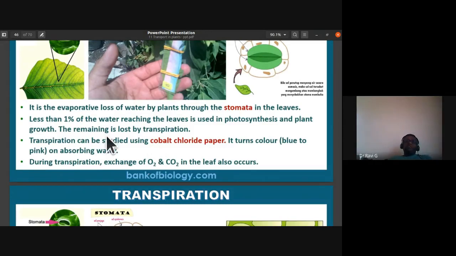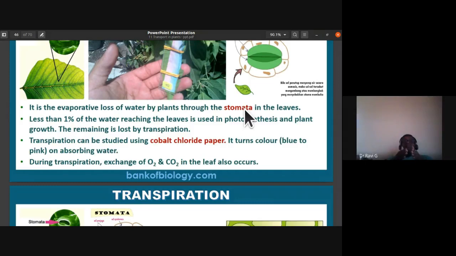See, what is transpiration? It is the evaporative loss of water by plants through the stomata in the leaves. So the loss of water by the plants in the form of water vapors through the stomata in the leaves, we call it as transpiration. But I've also told you the transpiration can occur through lenticels. Lenticels are openings formed due to secondary growth. So the rupturing of epidermis, and there is complementary tissue below that, which is made up of parenchyma.